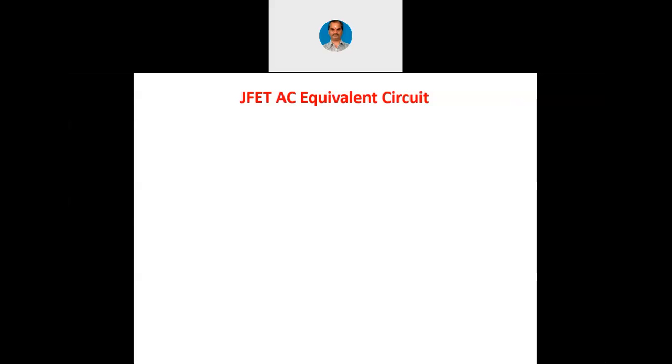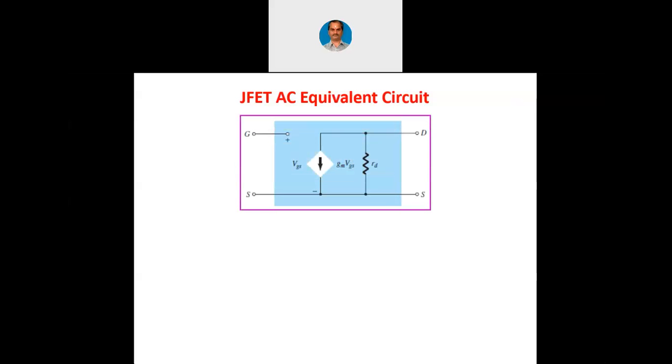Now similarly for the JFET, let us have an equivalent circuit. You can see this equivalent circuit. At the input side, there is no resistance at all. Why? Because at the input side it is a reverse biased PN junction. So at the input side we are considering the input impedance to be infinity, even though practically it is 1 giga ohm.